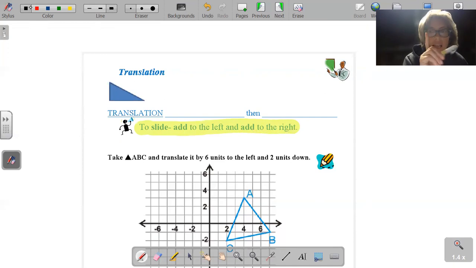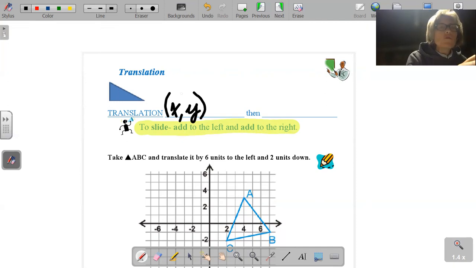So to translate a point, let's say you have a point (x, y), and you translate it by a horizontal component a and a vertical component b.